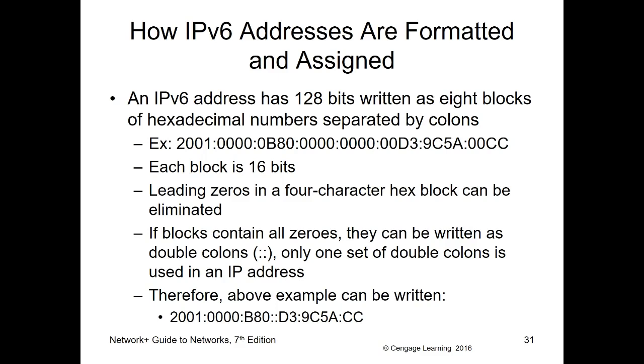But you only can use one set of double colons, because if you had 2, how would I know which one? So we can shortcut them a little bit, but they're pretty ugly in terms of what they look like. If we had written them with decimal, they would be even worse, because remember, this number of possible addresses is huge. And that's good, because we now use it for a lot of different things.